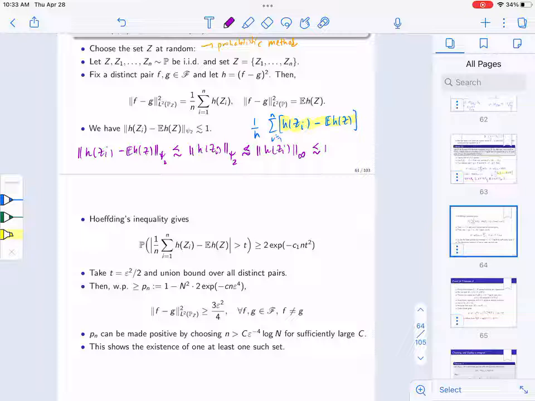So now here I'm going to replace t with this, which is nothing but the L2(P) norm of f minus g, and I'm going to put epsilon over 2 here.